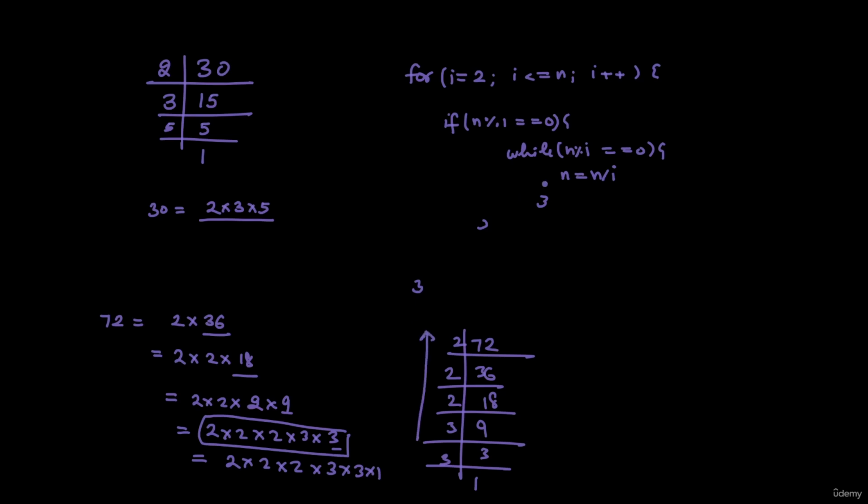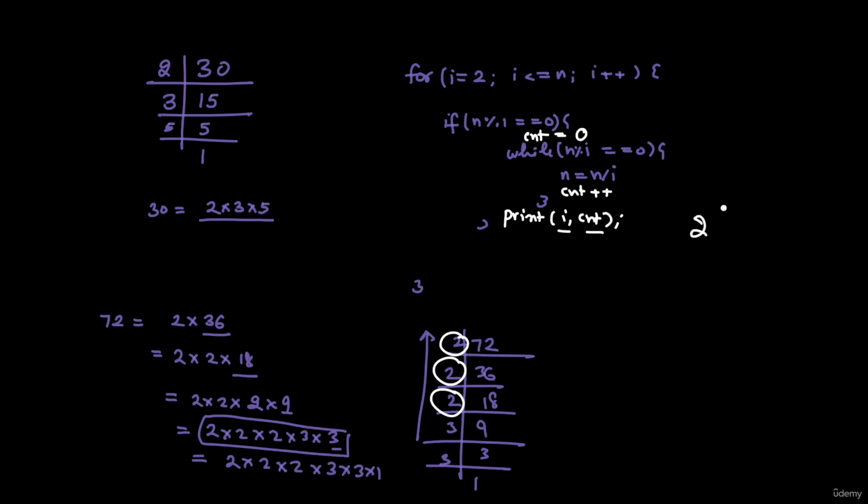So what I need to maintain is, with every value I need to maintain a count of how many times this 2 is coming. Okay, how many times 2 is dividing, so count is 0, and every time it is divisible, I can increment the count. Okay, and after this while loop is over, I can print that I is a factor and count is how many times this number is dividing my value of n.